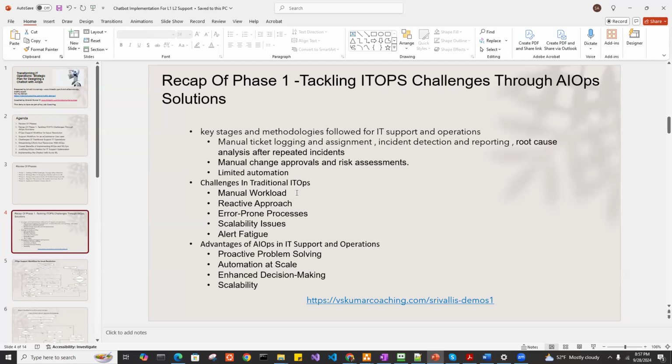Challenges in traditional IT ops are manual workload, a reactive rather than proactive approach, error-prone processes, scalability issues, and alert fatigue. Advantages of AI ops in IT support and operations are proactive problem solving, automation at scale, enhanced decision making, and scalability.